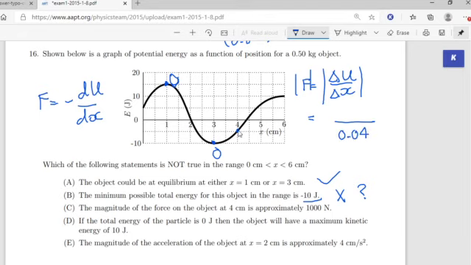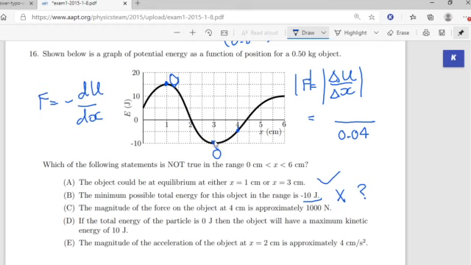And okay, this is negative 5. Wait, magnitude of force. Oh yeah, okay, that's just slope.